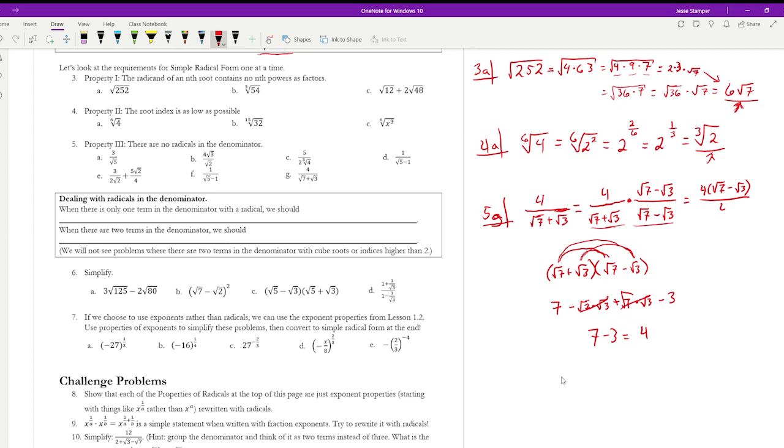So this becomes a 4, which gives you, in the end, the 4's will then cancel out, and you're left with the square root of 7 minus the square root of 3. So the answer is actually the square root of 7 minus the square root of 3.